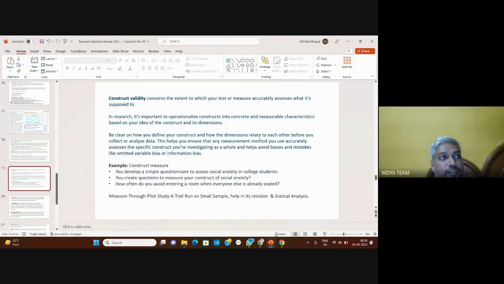Means if you have taken psychology, you are asking about different kinds of things. For intellect, you are asking 3 questions. For mind, you are asking 4 questions. For personality, you are asking 5 questions. So these are the dimensions, means intellect is a dimension, personality is a dimension, and the questions are the constructs related to each other, before you collect or analyze the data.